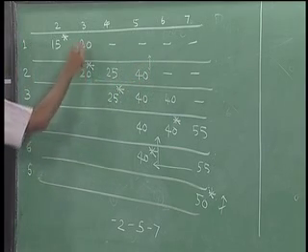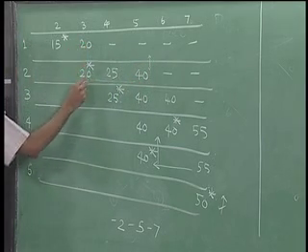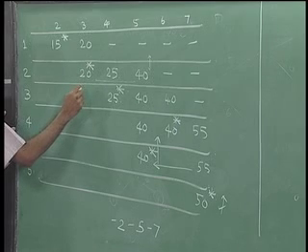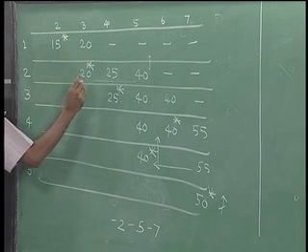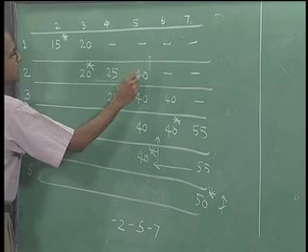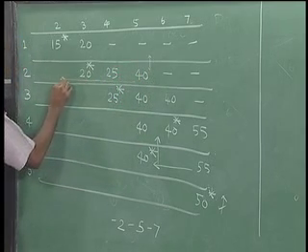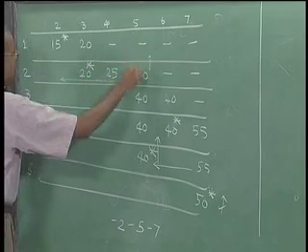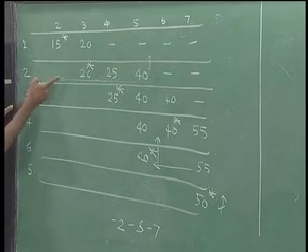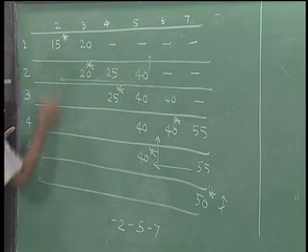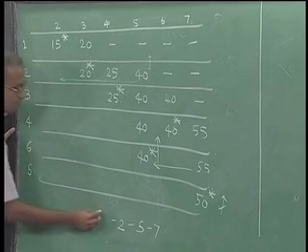Here there is no change. So, 40, then we moved here, there is a change, and this change happened because we labeled this 2. So, we write 2 here, and then we write 1 here.